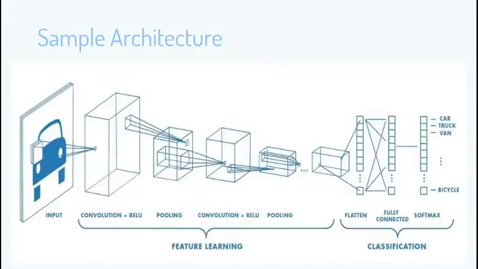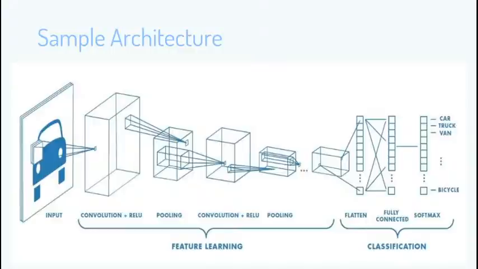After that I use functions like softmax to finalize the value, whether it is a 0 or 1, whether it is a truck or car or van. So this is the simple architecture of a convolutional neural network.